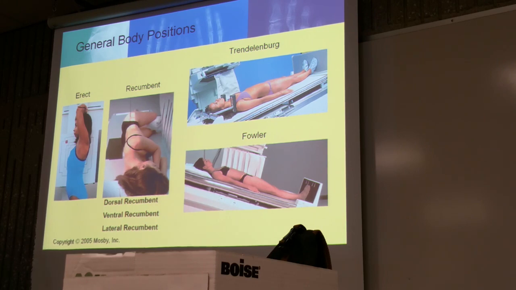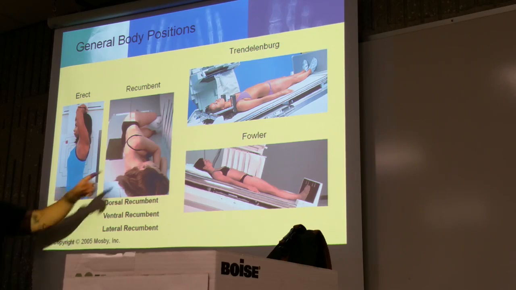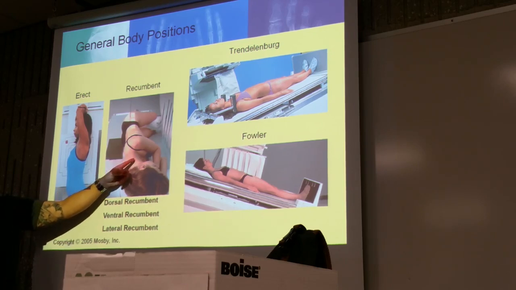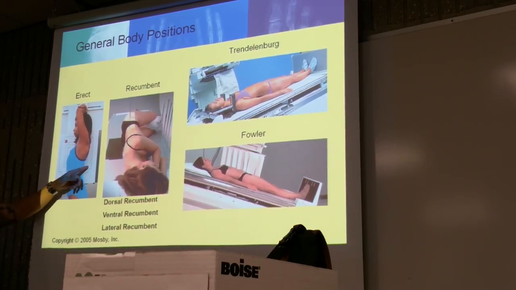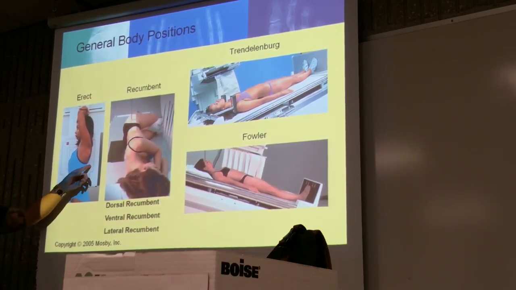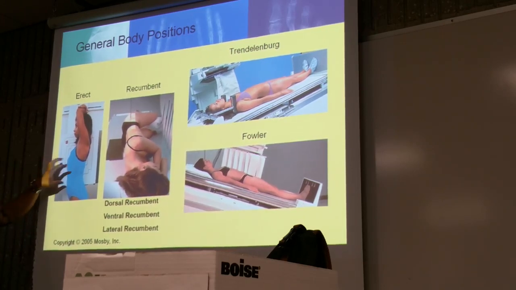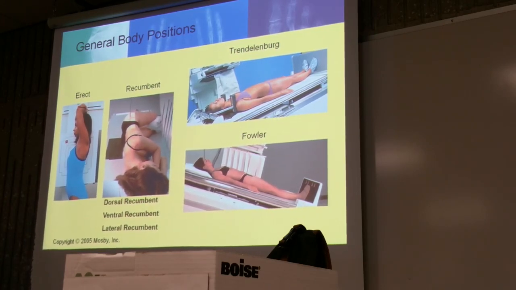You describe it by which lateral side is closest to the image receptor. In this case, we said this was a right lateral because she is lying on the right side, and it's also her right side closest to the image receptor. Where's your image receptor? Underneath the table. And here we have the wall bucky, so our image receptor is within the wall bucky. So what type of lateral is this? It's a right lateral. So this is a lateral projection, right lateral, upright position. Everybody got that?